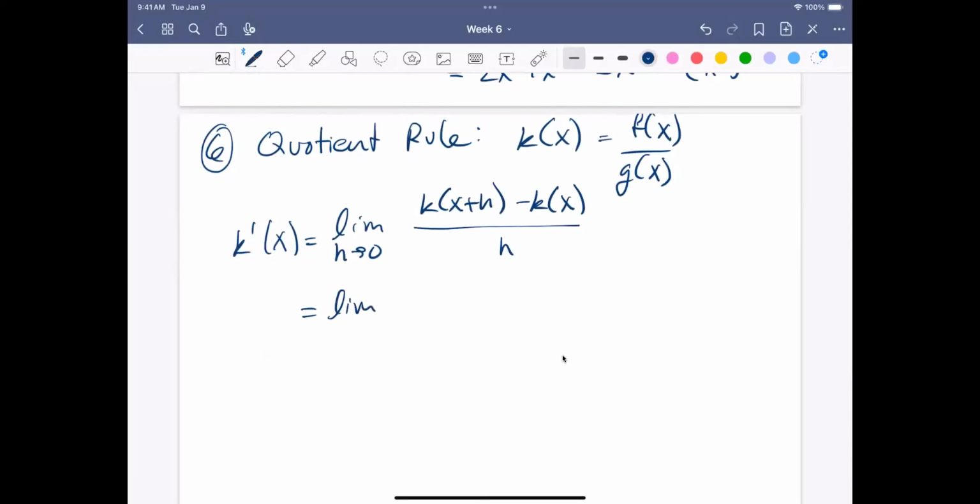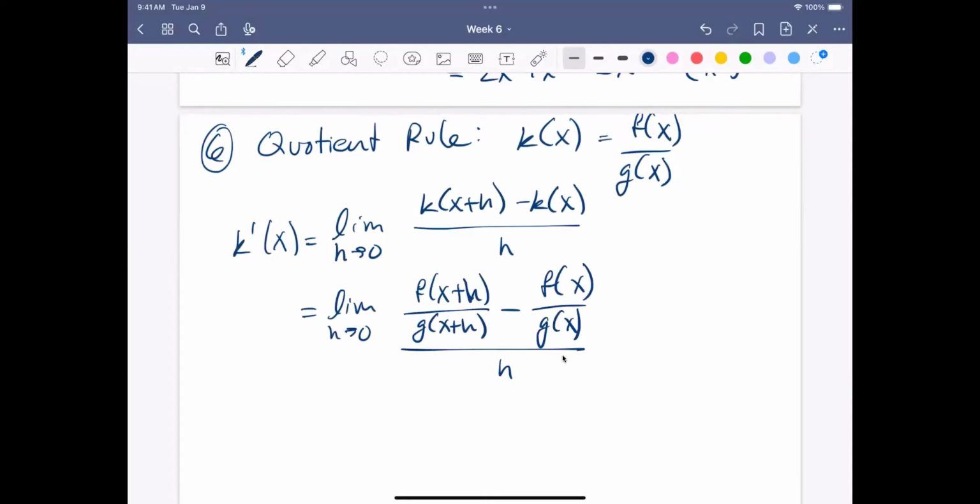And using what I know, k of x is, we're going to get limit as h approaches 0, f of x plus h divided by g of x plus h, minus f of x over g of x, and then divide the whole thing by h. So we have a pretty messy fraction to deal with, a complex fraction.